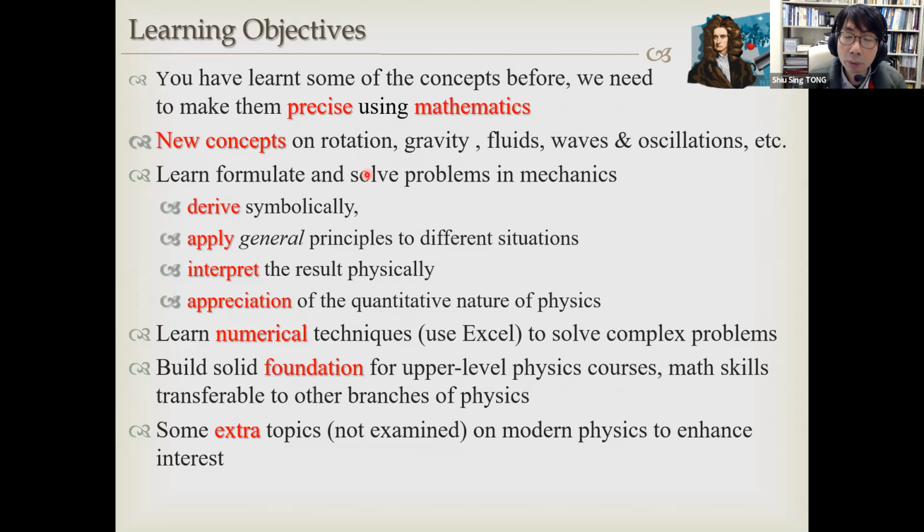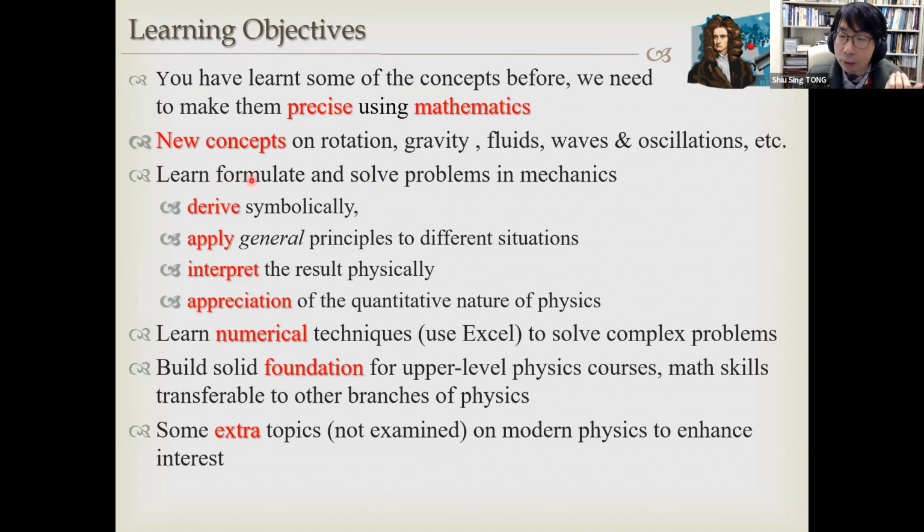In high school, when you solved a physics problem, you may have been involved in finding the suitable equations, and then you plug in the numbers and get the result, right? That is what you have done in high school. But you are now at the university. In the university, you learn physics.